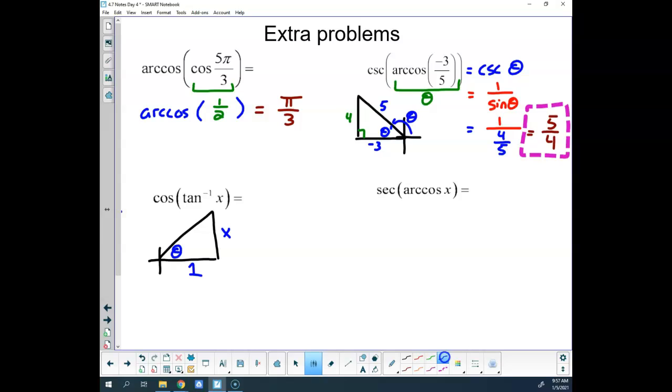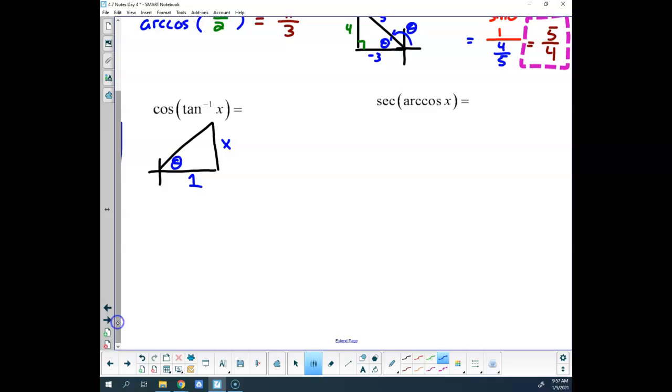But now I have to use our old friend, the Pythagorean theorem. 1 squared plus x squared equals, call it h squared for my hypotenuse. Square root both sides, and I get that as my hypotenuse.